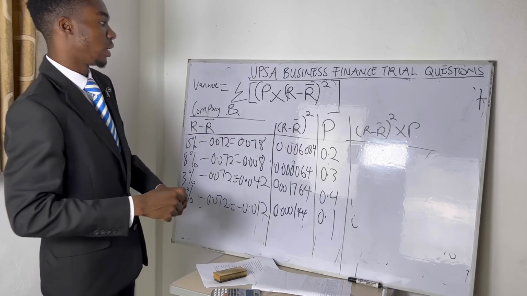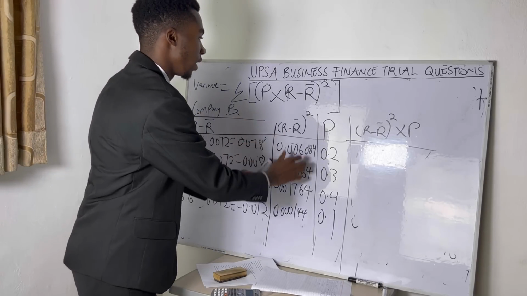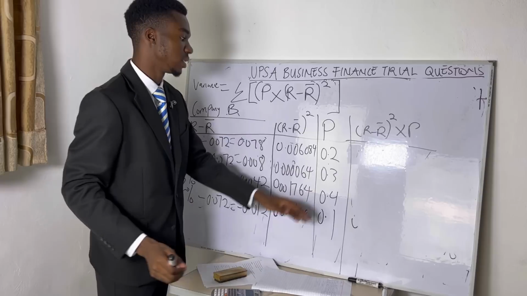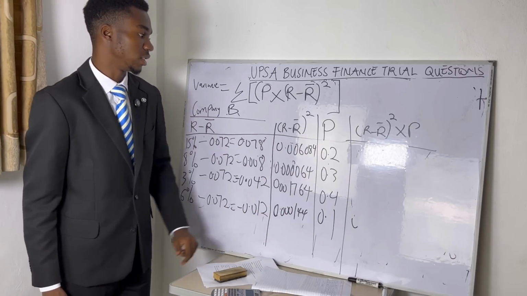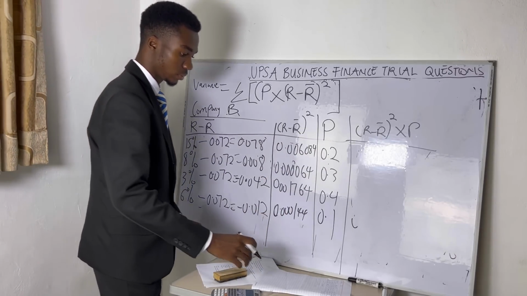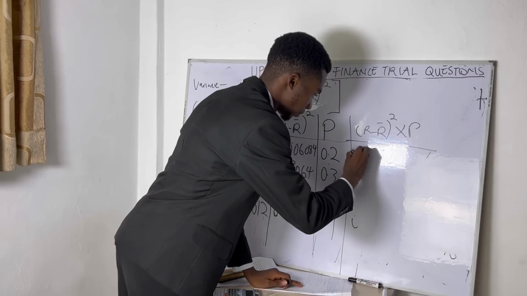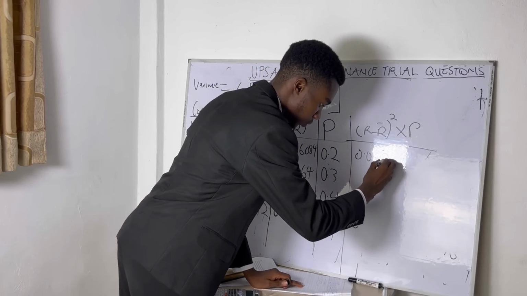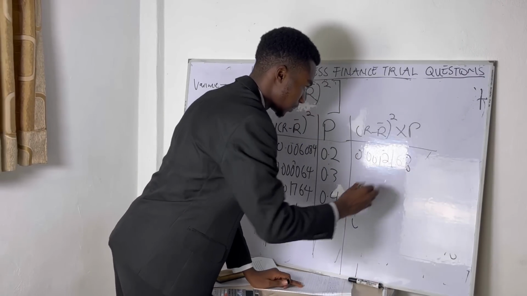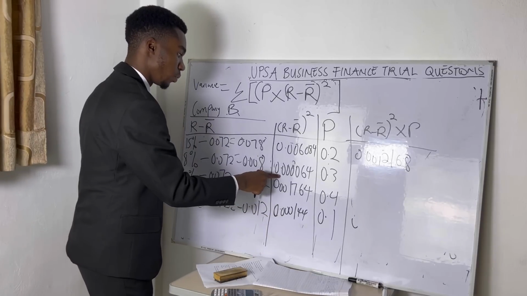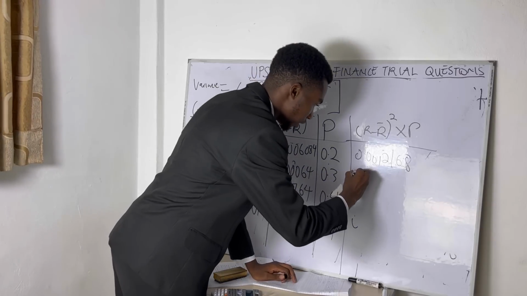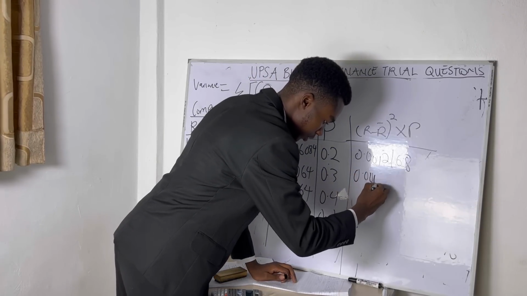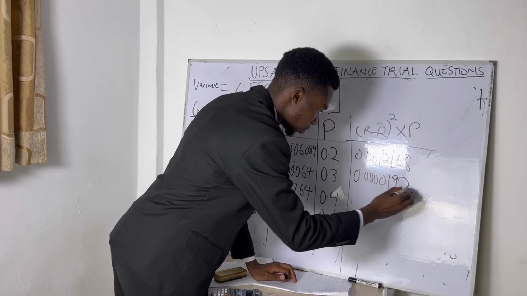And now, the last thing we do is to multiply the squared values by the probability. The probability is the same. So you multiply 0.006084 by 0.2, and we get 0.0012168. Then 0.000064 times 0.3 gives 0.000192.